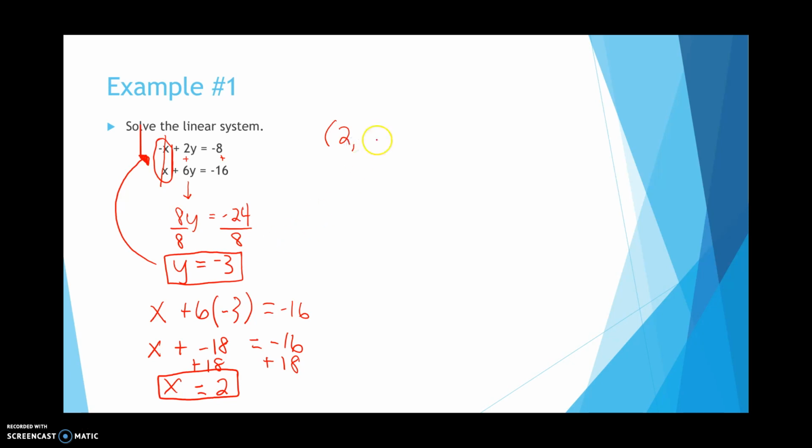I'm writing this as an ordered pair: 2, negative 3. Now how do I know if this is a solution or not? This is my last step, step 5. I check my work by plugging in 2 for x and negative 3 for y to make sure it equals negative 8 and negative 16. Here we have negative x, so that's negative 2 plus 2 times y, which is negative 3. Does that give me negative 8?